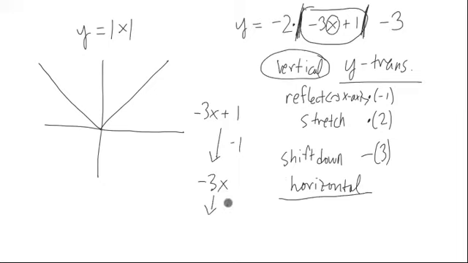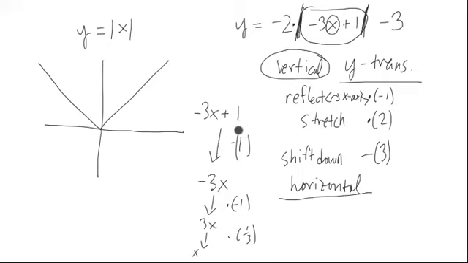So if we multiply by -1, we'd get 3x. Multiply by 1/3, we would get x. So notice we subtract 1 for starters, then we multiply by -1, then we multiply by 1/3. That actually gives us exactly what's happening.